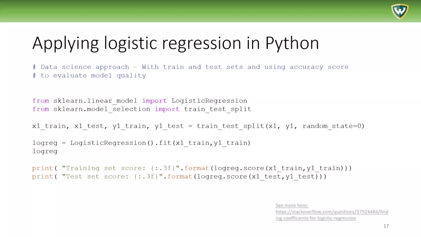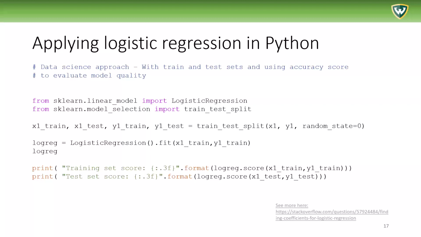Hi everyone. So finally, we're going to be talking about applying and interpreting logistic regression in Python. And let's note both of the approaches, the data science approach and the more regular science approach.